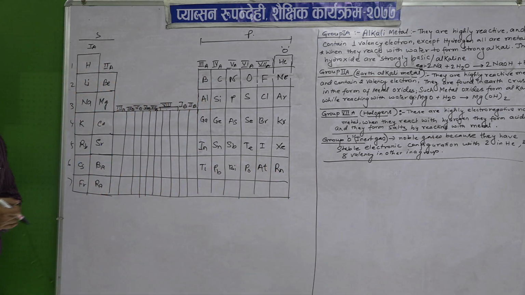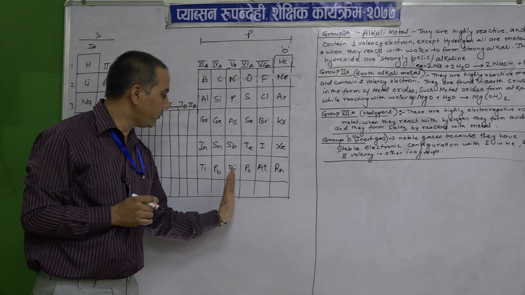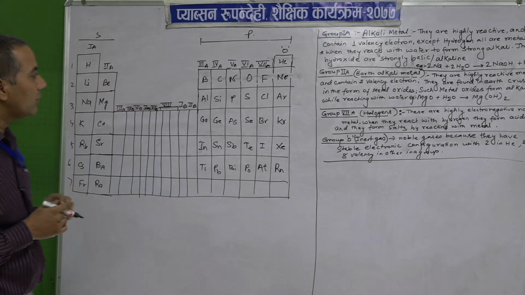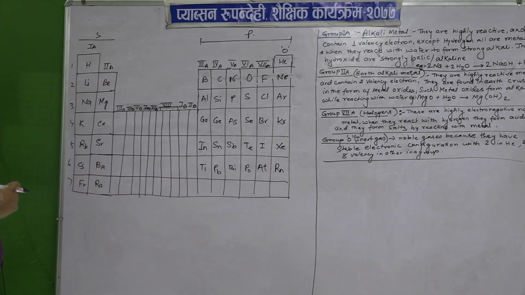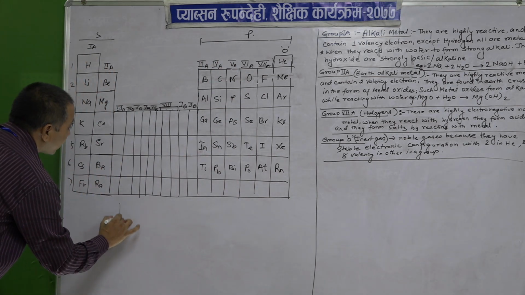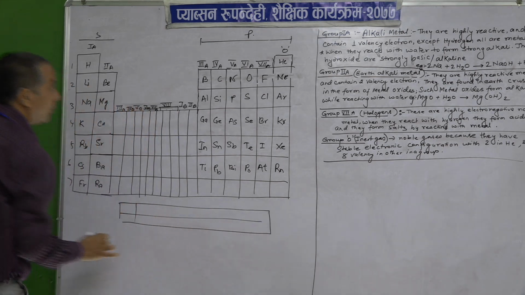So easily we have filled up the first group, second group, third group, fourth group, fifth group, sixth and seventh group, which is required in our syllabus. These are the things we have written over here.